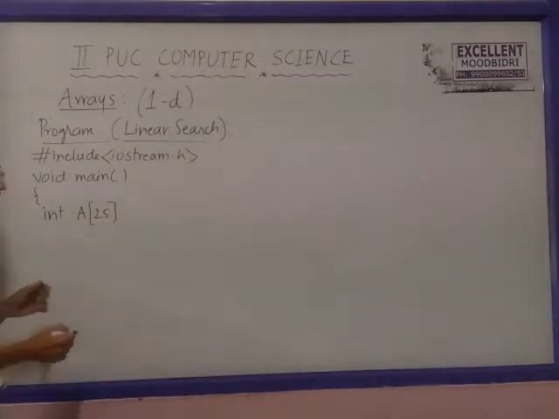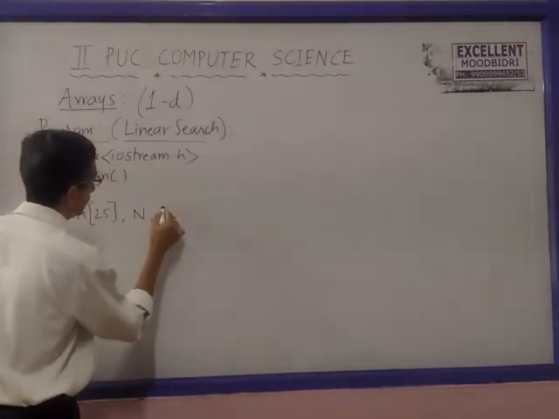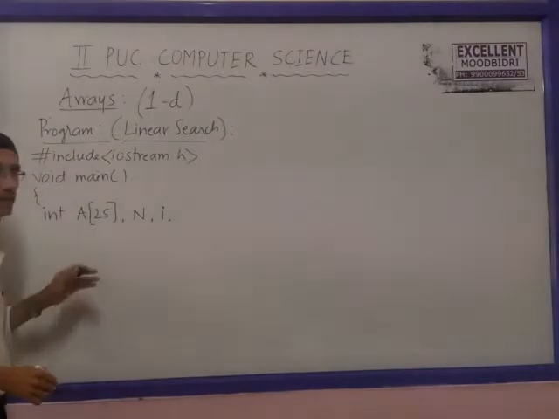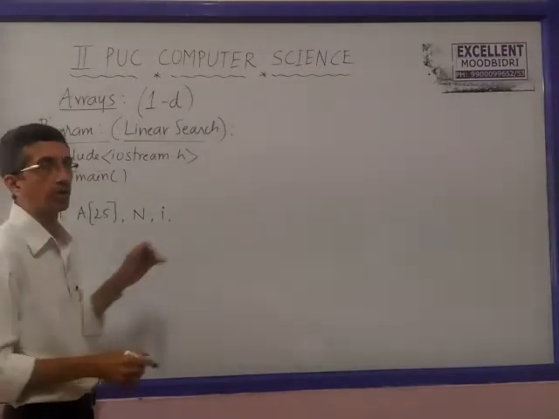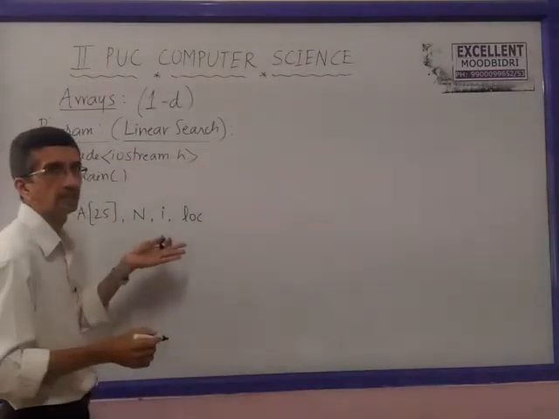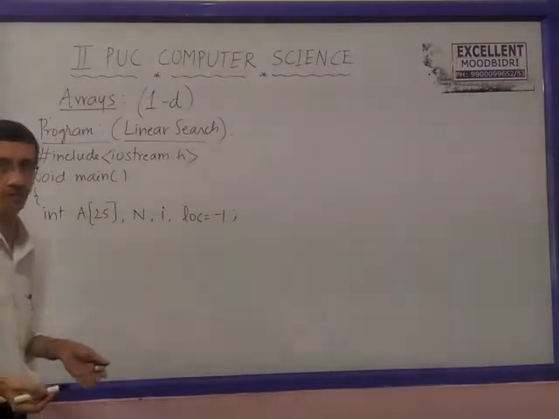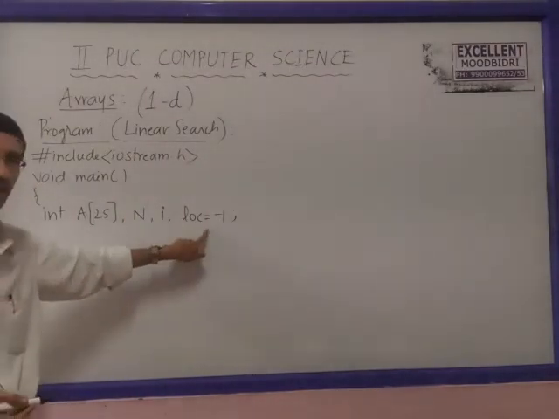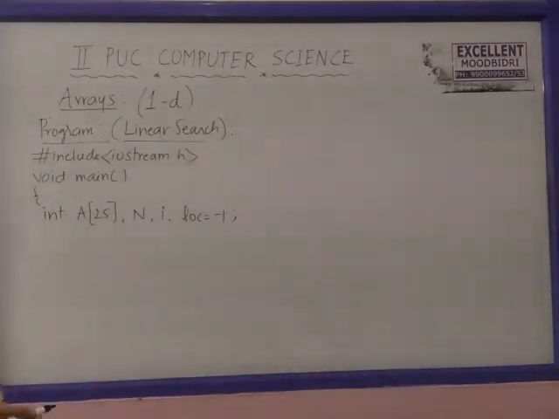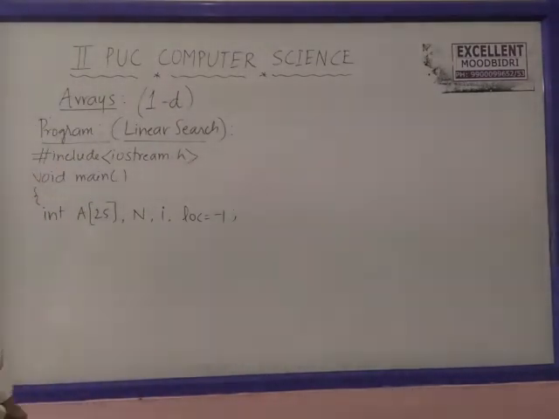You can take any size for the array. We need the number of items in the array, the index, and the position or location. Location you can initialize here itself to -1 because you know the algorithm. Later on also you can initialize before the for loop. Next, the search element is also required.